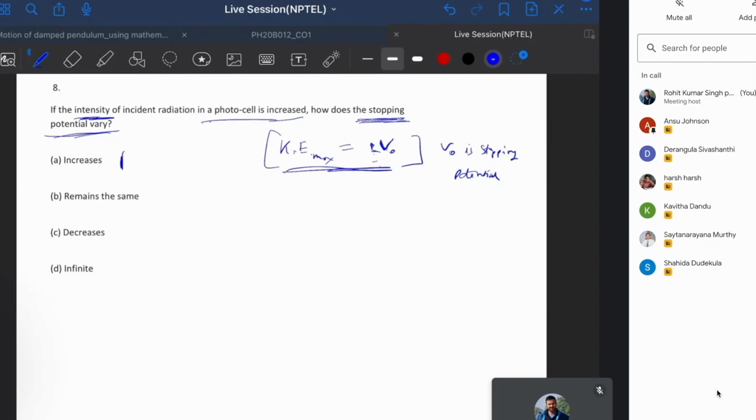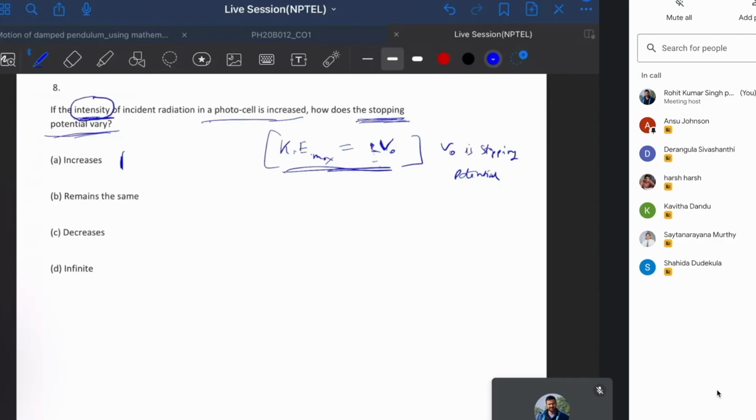Anyone else? Shahida, Dirangula, Harsh, Kavita, anyone? Again remember, the intensity is changed.